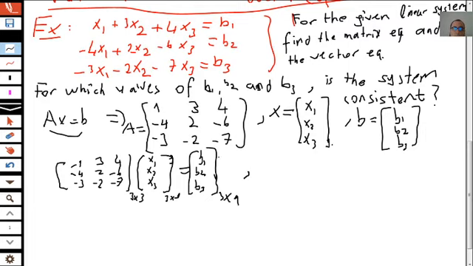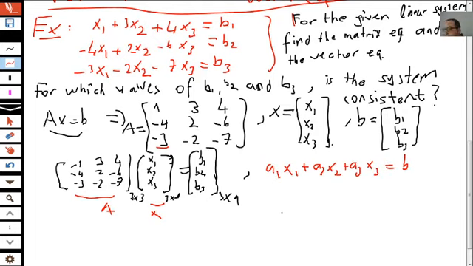And the vector equation can also be easily written. The first column has the entries 1, minus 4, minus 3. So by applying the product of the matrix A and the vector X that we know now, we directly write A1 x1 plus A2 x2 plus A3 x3 is equal to B.